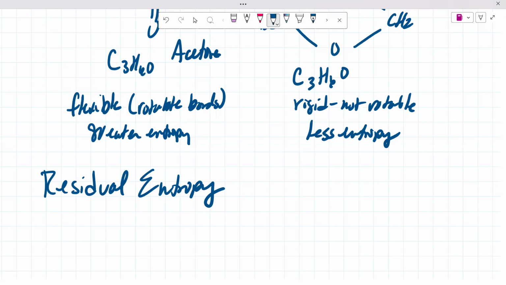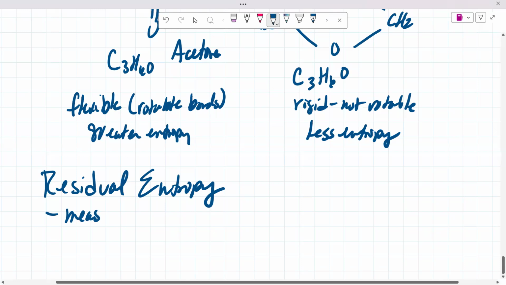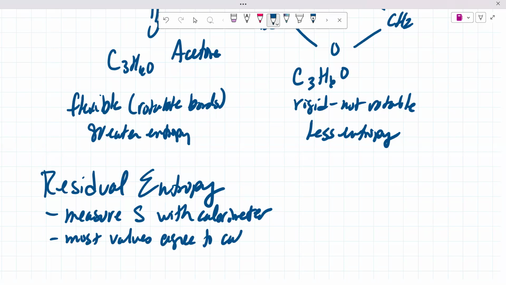All right, so most values agree to calculated, some do not.